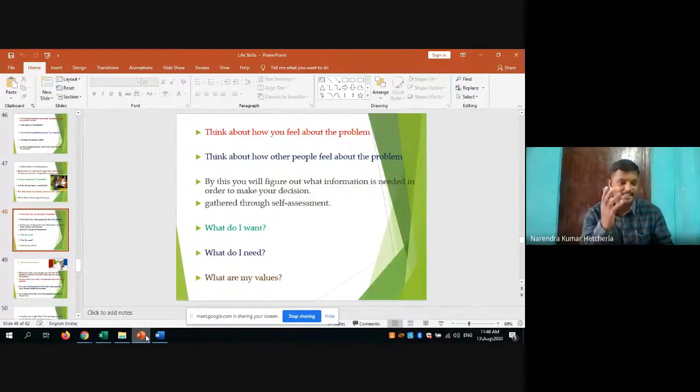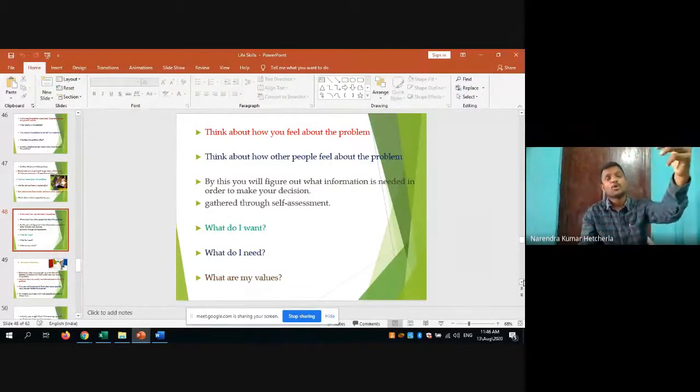Next, you can ask: what do I want? What do I need? What are my values? These are the questions that arise before gathering good information. Before talking to an adult or an expert in order to gather information, you need to question these three things. What do I want in order to overcome the problem?